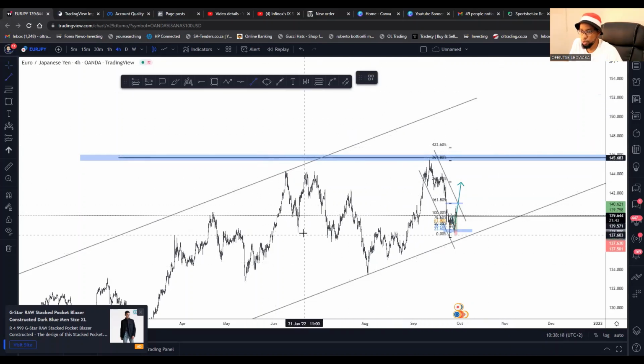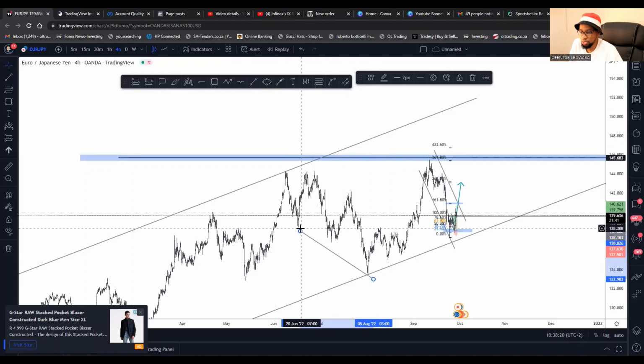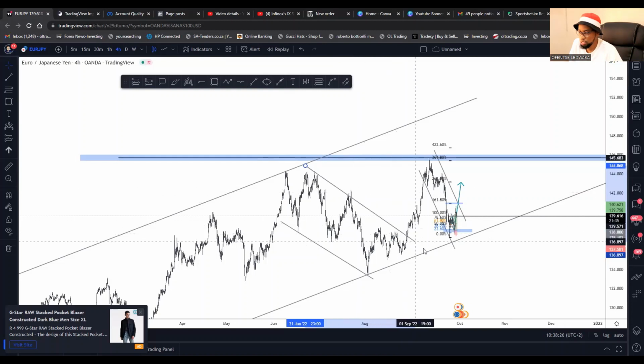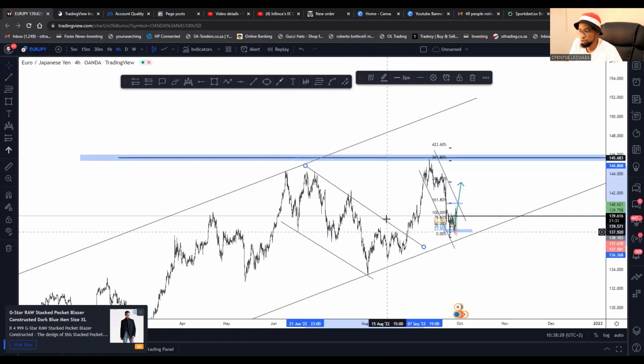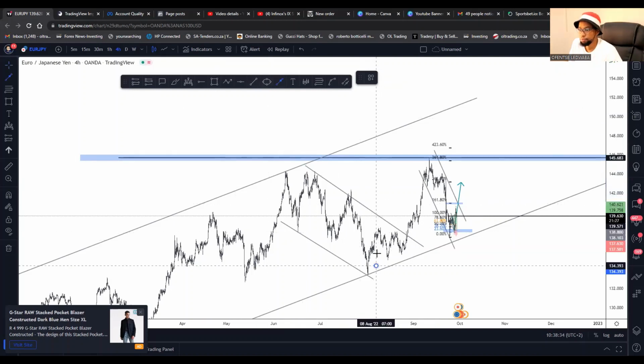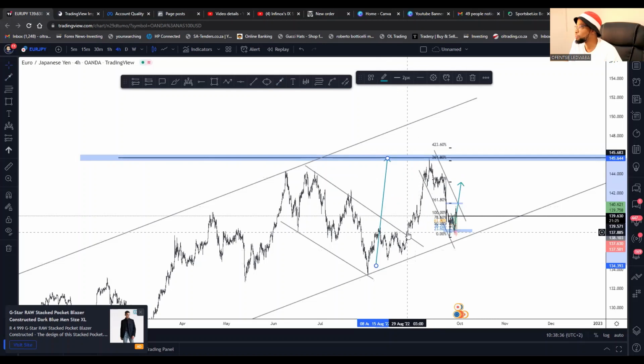As you can see, this is what really happened here as well, until we broke it. We broke this one and we pushed to the upside.